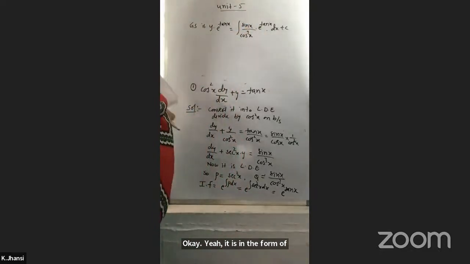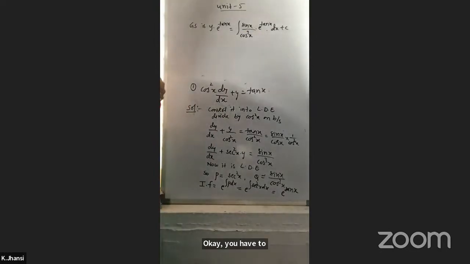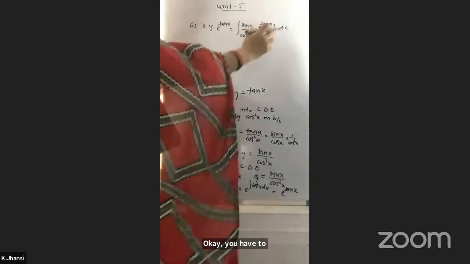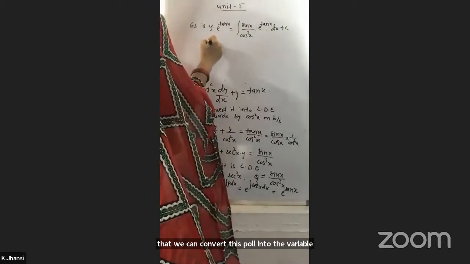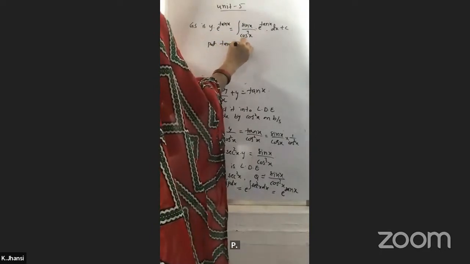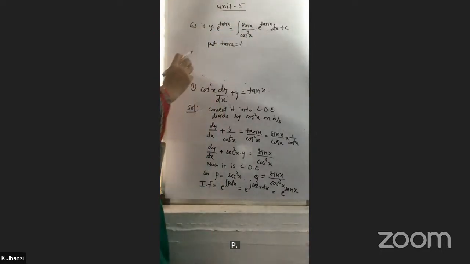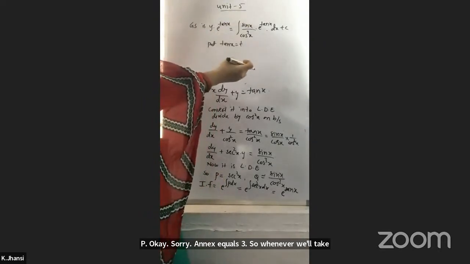You have to take tan x equals t, such that we can convert this whole expression into the variable t. So put tan x equals t. Whenever we take any substitution, you must convert the differentiation into that variable.